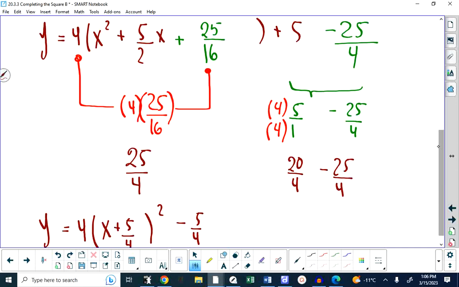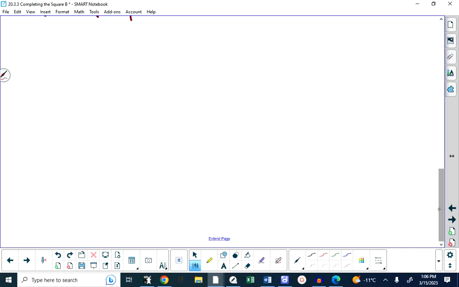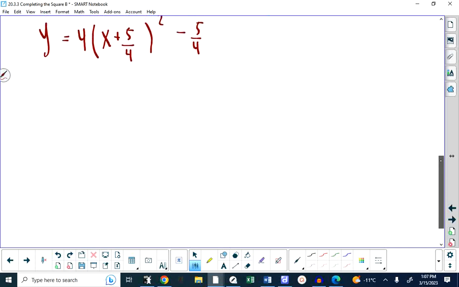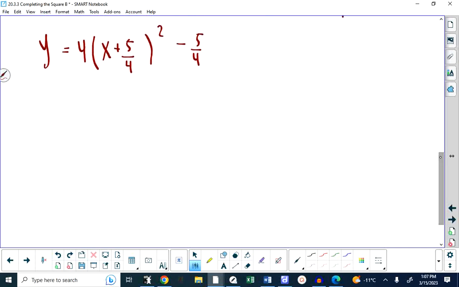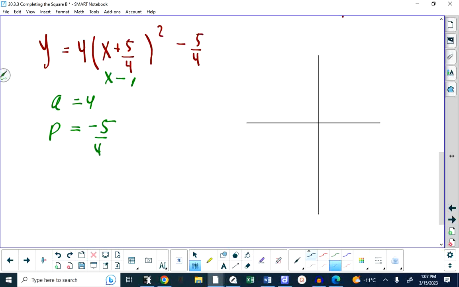So we are asked to do a little sketch. You know me with sketches. I'm not that big of a fan of them in terms of this stuff in the lesson, but you should understand that A is 4 here. P is negative 5 over 4 because it's x minus P, quantity squared. Q happens to be negative 5 over 4 because you can see it's negative 5 over 4.